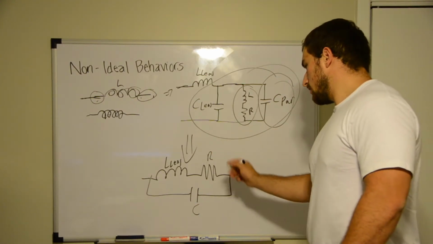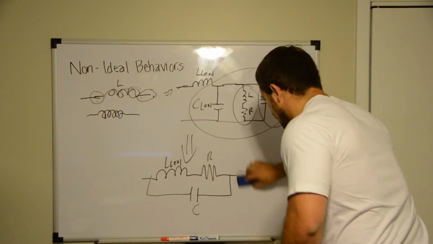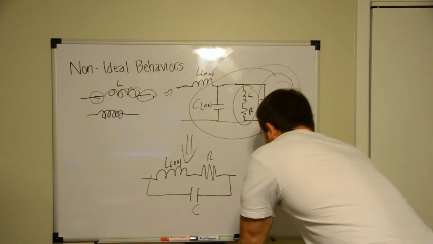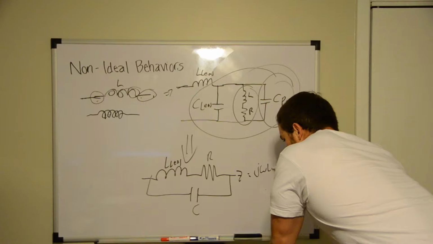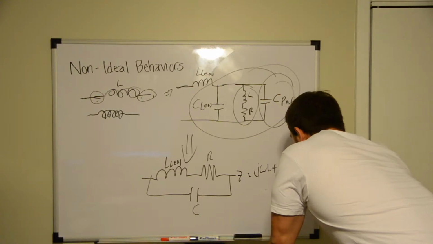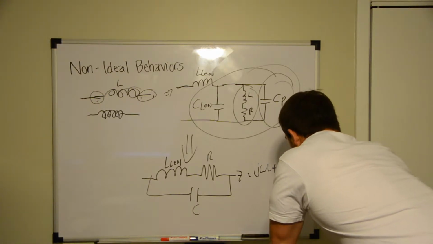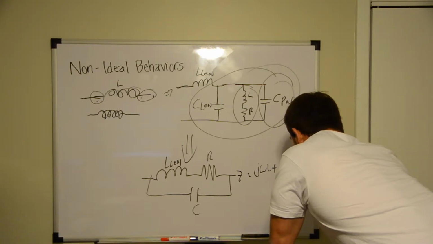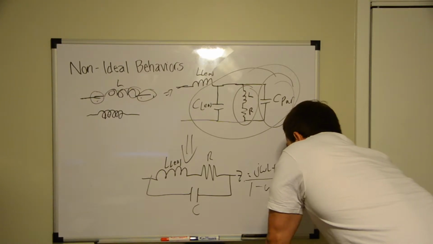So from this, we get a fairly complex equation for the impedance. Should have given myself a little bit more room, but we'll make do with what we got. That's Z equals j omega L plus the parasitic resistance, over 1 minus omega squared L C parasitic plus j omega C parasitic R parasitic.